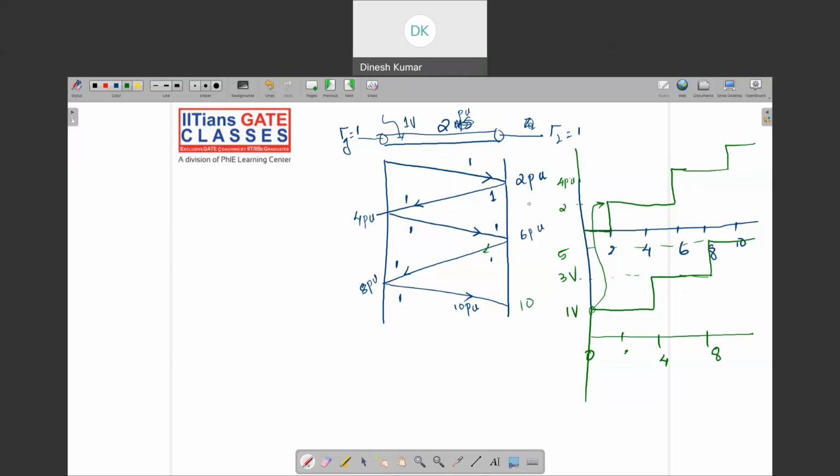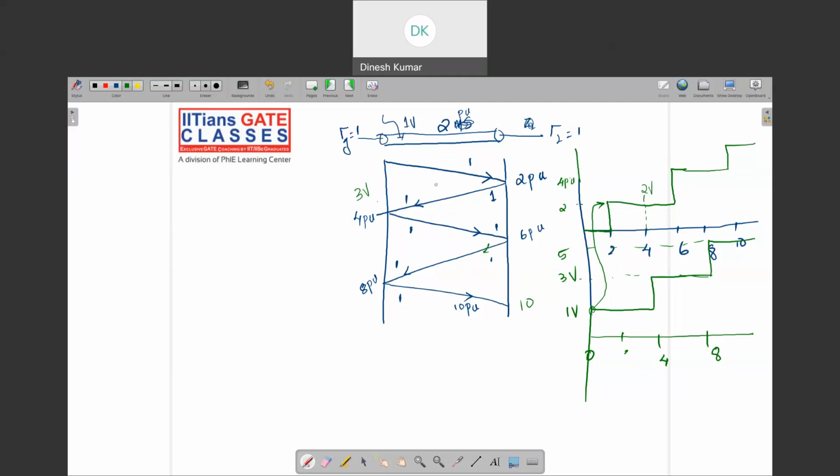Okay, so what is the voltage at 4 per unit at the neutral end? So voltage at the 4 per unit is actually 2 volt here. So if you check the 4 per unit, it is actually something like 3 volt here, because here is the higher voltage, and this will be actually traveling to this particular point.